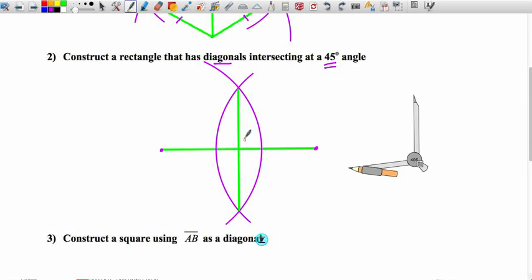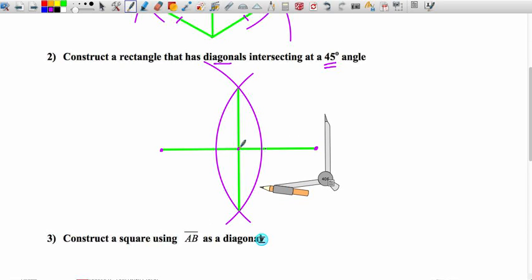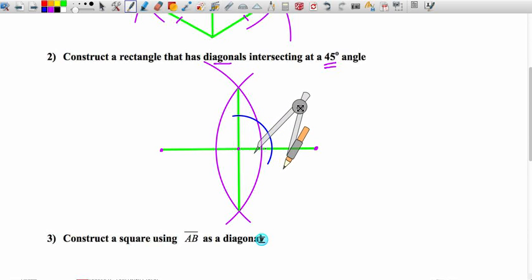At this point, really what I need to do is bisect that angle over there. To bisect the angle, I'll start by going to the vertex of the angle. Let me change colors here. Rotate round and just close that up a little bit. I need to bisect that angle to get my 45-degree angle. So I'm going to do an arc that intersects both sides of the angle.